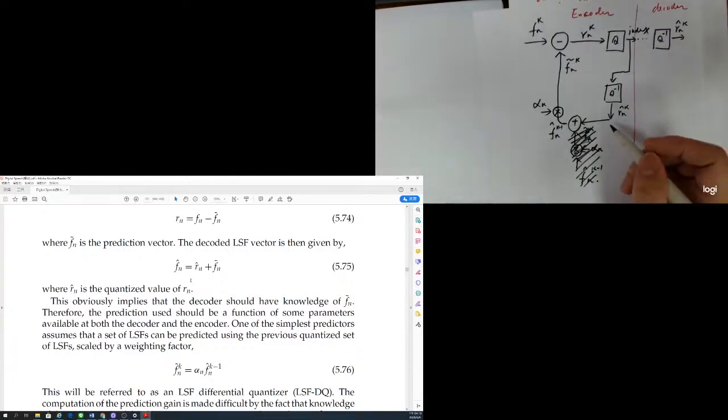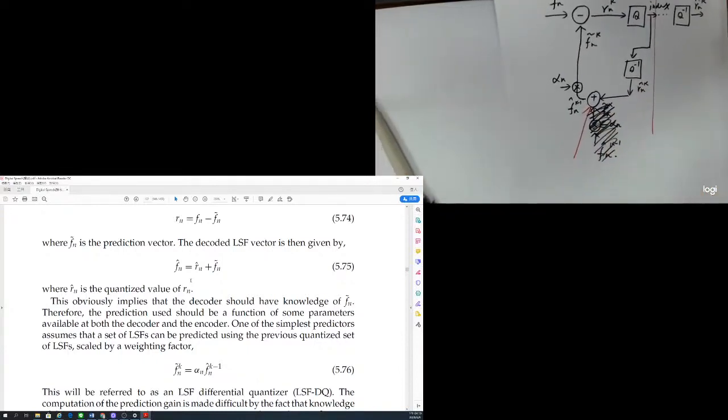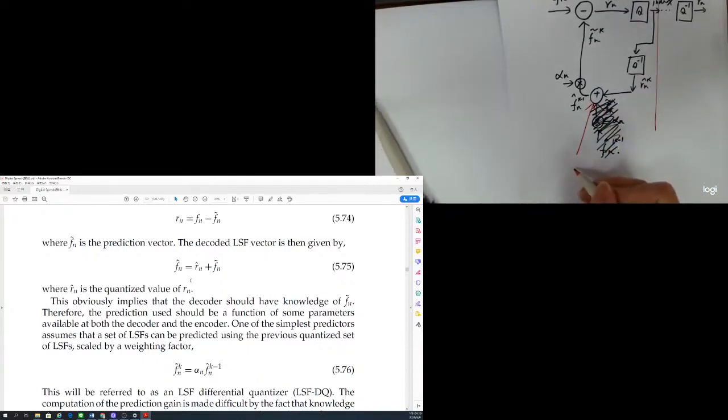Okay, so you have to do the prediction here. This one is your residual signal, and you try to sum it with your prediction. Which prediction? The previous prediction. You try to add which one? F n k minus 1.